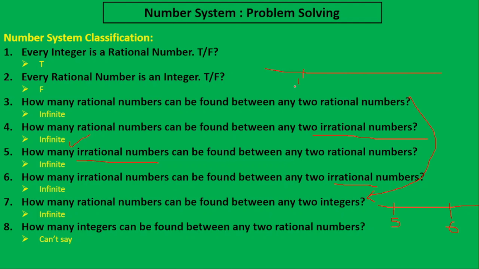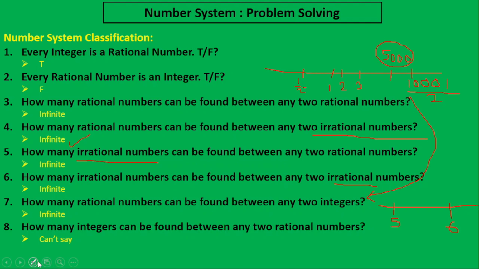Now question number 8. Two rational numbers, 1 by 2 and 10,001 divided by 2. In between them we can find many integers, 1, 2, 3, 5, 10, like that, up to 5,000. So in between these two rational numbers we can find many integers.